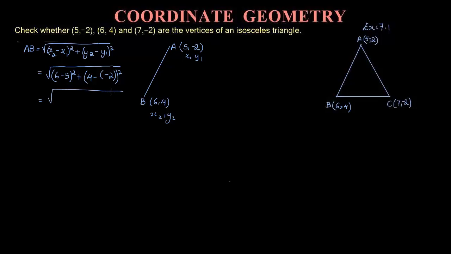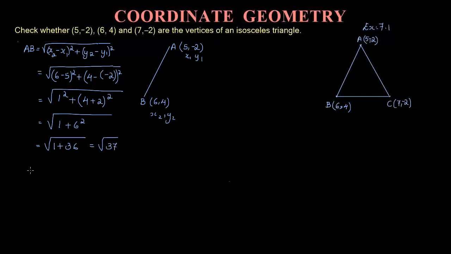So 6 minus 5, it is nothing but 1 square, plus you can observe minus and minus is there, so minus into minus plus 2 here, 1 square, right? So what are you going to get? 1 plus 4 plus 2 is how much? 6. 6 square, right? So 1 plus 6 square means 36. So you are going to get here root of 37.